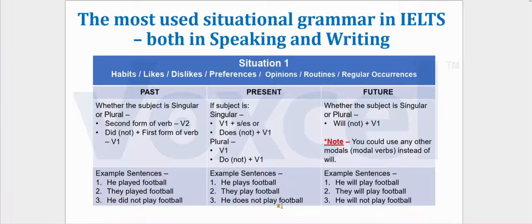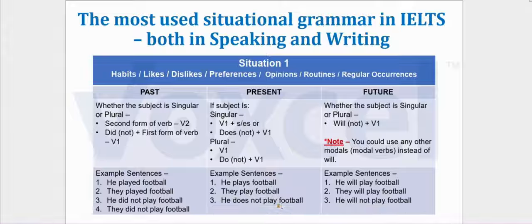Third, for the future, you will say he will not play football. If we want to negate the plural form, again the rule is the same. In the past, whether it's singular or plural doesn't matter, we will use did. They did not play football. But in present, if we want to use plural, they do not play football. Clear?